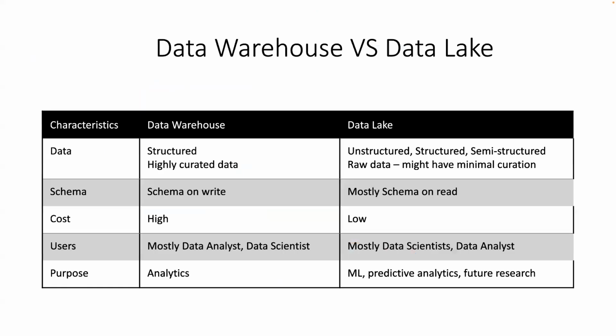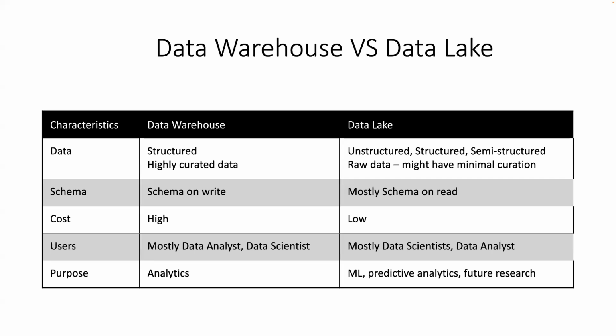So talking about data warehouse and data lake. As I mentioned, data is complicated, right? It comes with different velocity, different variety, and some is structured, some unstructured. In a data warehouse, you put structured data, which is usually very highly curated.